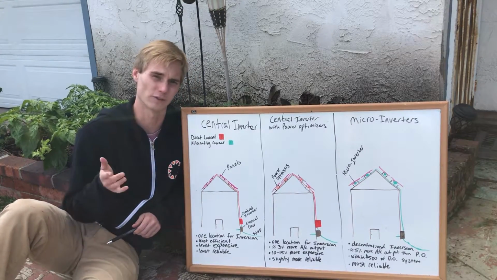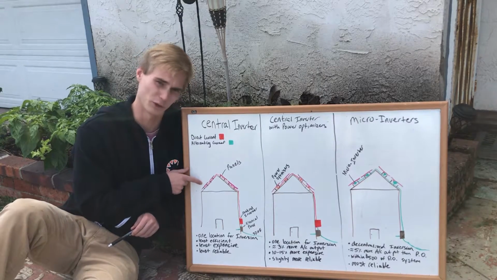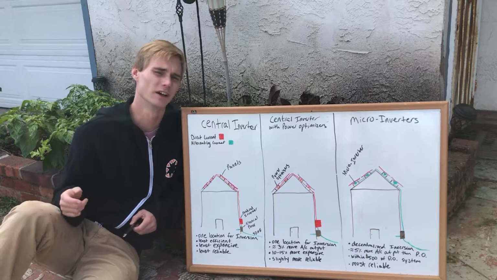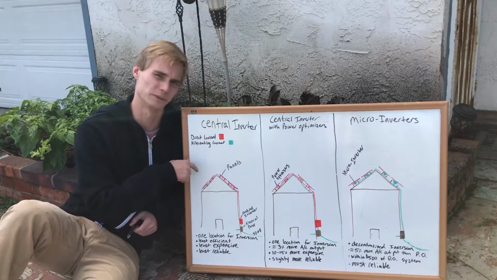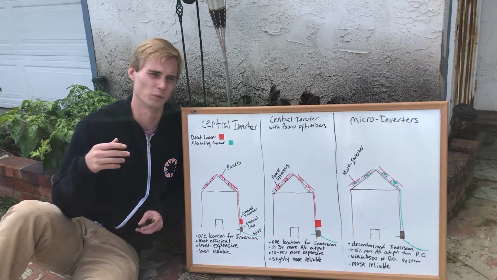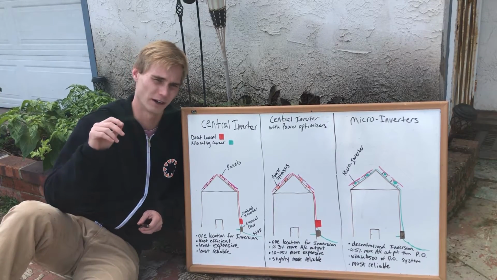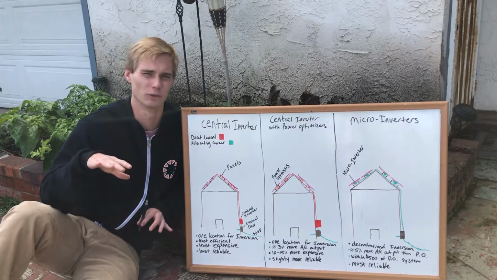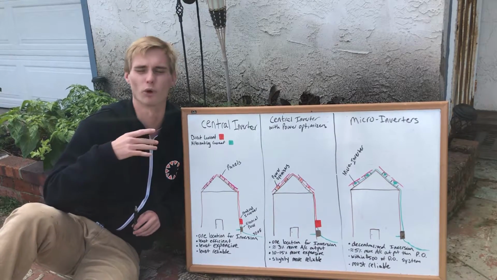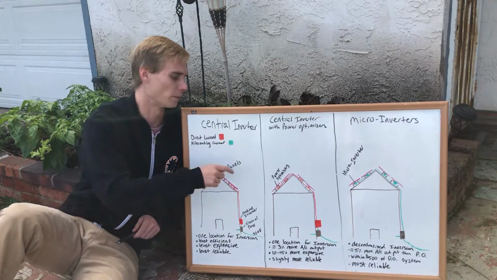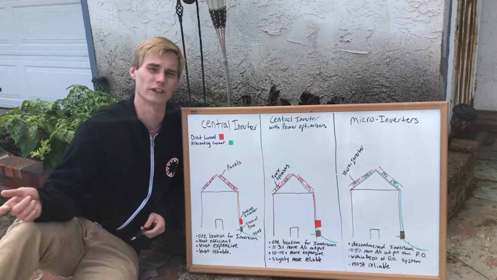What I mean by that is, for example, if you have one panel that's in the shade or one panel that isn't producing as well for whatever reason, the whole system is limited to that. It's like if you have a whole house with bulbs and one bulb isn't working, it's not getting very bright, the whole house would be limited to only that, every bulb being that light. Bright, which is obviously not what you want. So the power optimizers, for the most part, fix that.